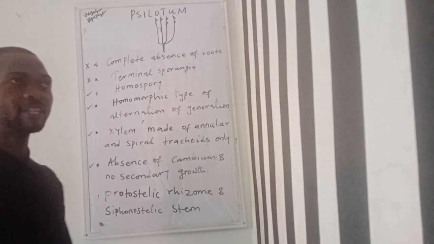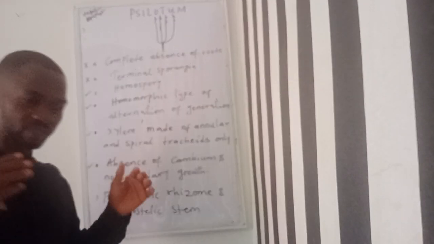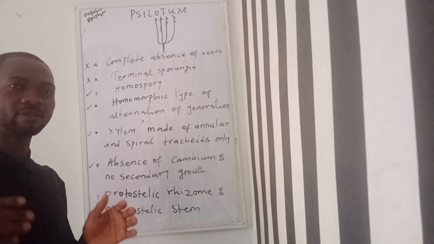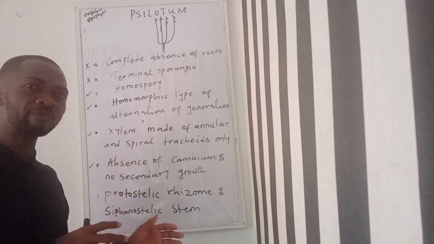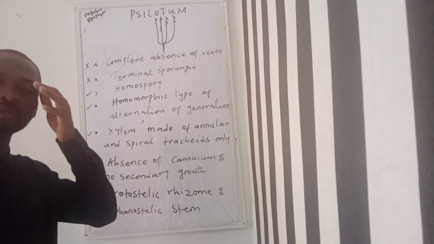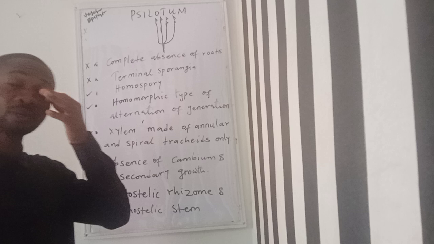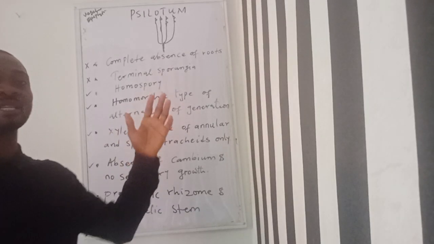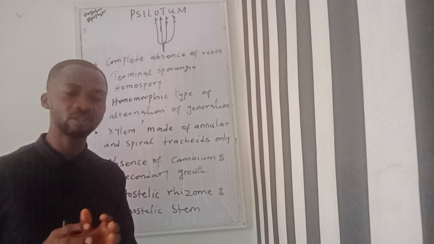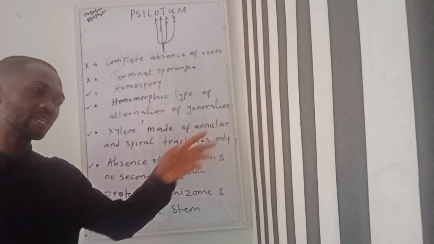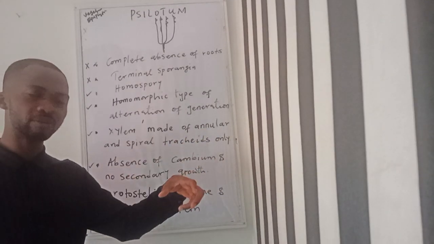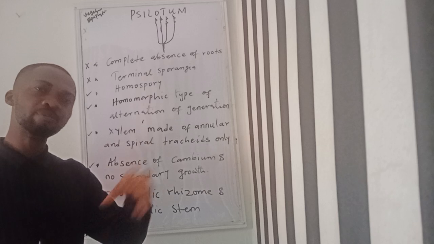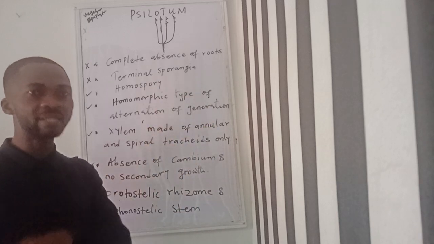It means that there's resemblance between the sporophyte and the gametophyte. Unlike in the case of fern and most other advanced plants, where the sporophyte is large, leafy, and more sophisticated compared to the gametophyte, and you see a great distinction or difference between the sporophyte and the gametophyte.